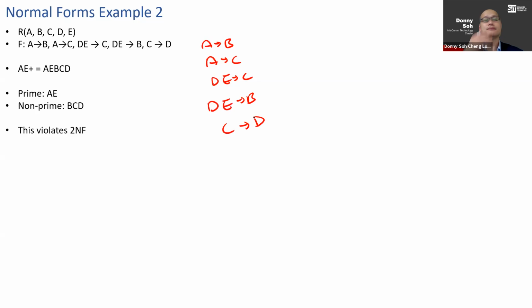C implies D. The items not on the right hand side are A and E. The closure of AE gives me ABE because of A. It gives me ABCE because of A as well. C gives me A, B, C, D, E. So the closure of AE gives me all the attributes. So that is the table.